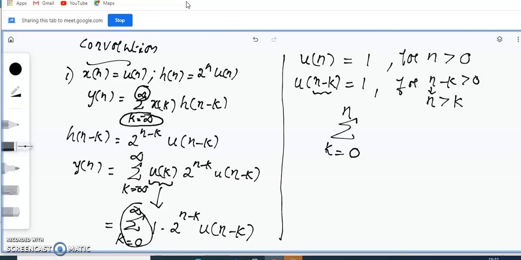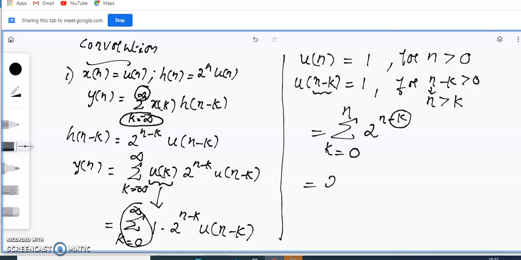Then inside, it will be 2 raised to n minus k. Isn't it? So our equation now changed like this. Now here we can see that the variable is k. K is varying from 0 to n. So this n can be taken as a constant. It can be taken outside.